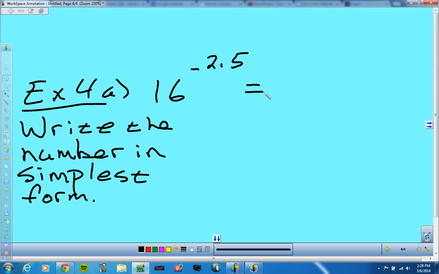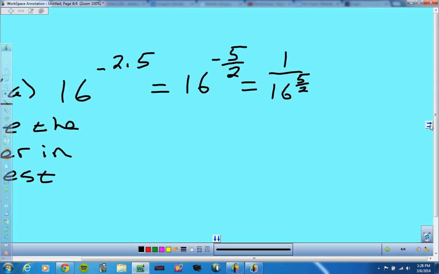So what's 2.5 as a fraction? 5 halves. So we could have 16 to the negative 5 halves power. Because we have a negative exponent, where does it go? Denominator, so it becomes 1 over 16 to the 5 halves power.